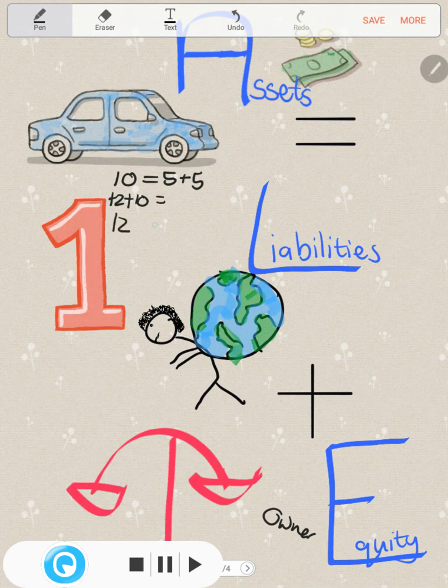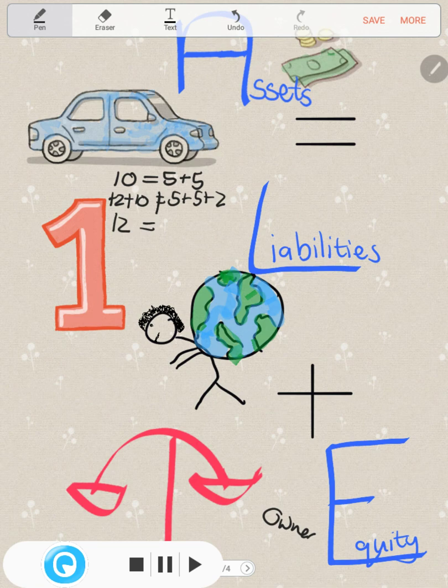Now for this equation to still be true, I need to add the same amount on the right hand side of the equation. So I have 5 plus 5, but since I've added plus 2 on the left hand side, I need another plus 2 on the right hand side. Otherwise, the equation will not hold true.